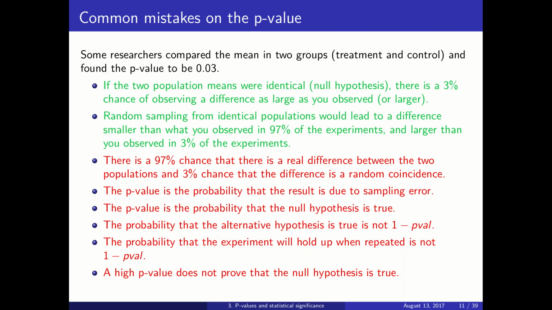The probability that the alternative hypothesis is true is not 1 minus the p-value. The probability that the experiment will hold up when repeated is not 1 minus the p-value. And a high p-value does not prove that the null hypothesis is true. If you cannot reject the null hypothesis, that doesn't make it true.